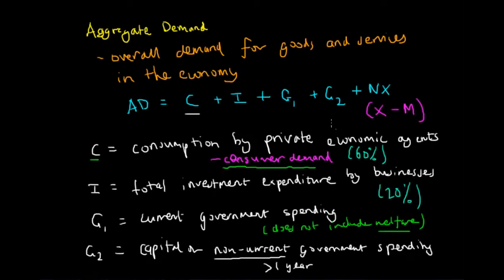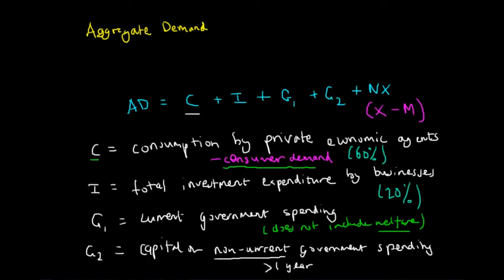And now finally, if we have room, we'll just rub out the definition of aggregate demand so we can fit in net exports. So net exports is what? So net exports is exports over imports.